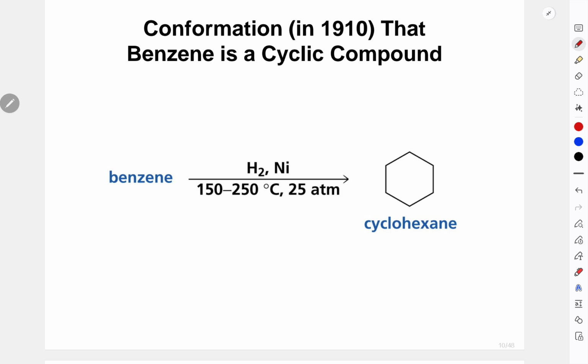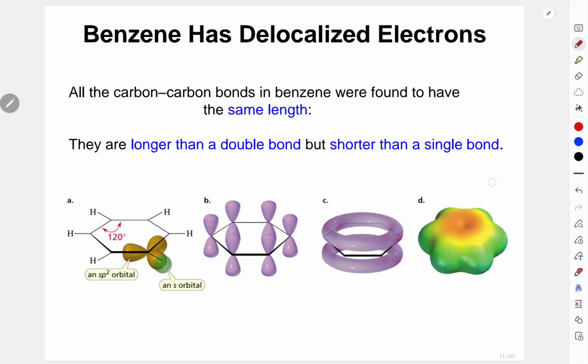So from this, people confirmed that benzene must be a cyclic structure. And later on, with the development of spectroscopic tools and diffraction techniques, people got the idea of the structure of benzene.